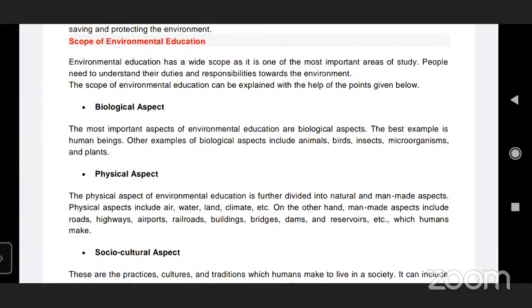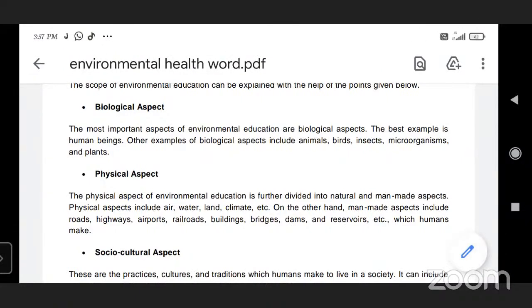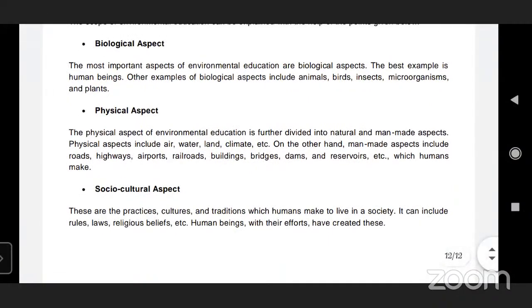Human beings made all these roads, highways, airports, rail stations, railroads, buildings, institutions, constructions, bridges, dams, reservoirs. All these come under man-made or artificial aspects. The last one, socio-cultural aspects.